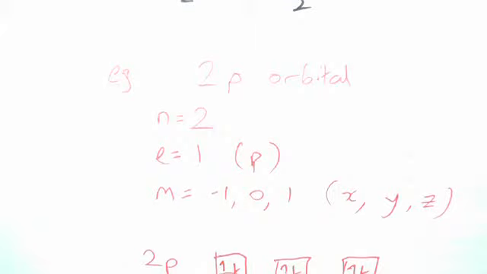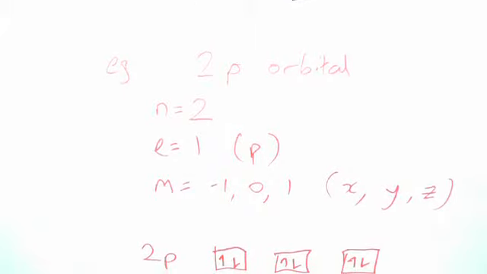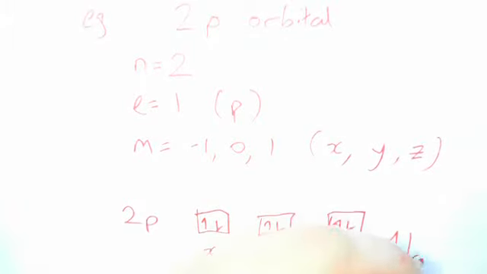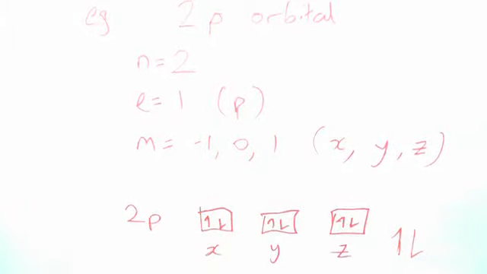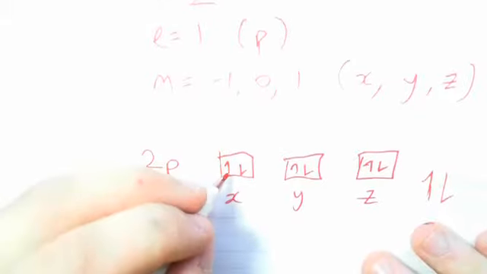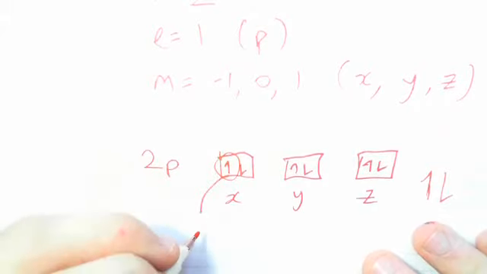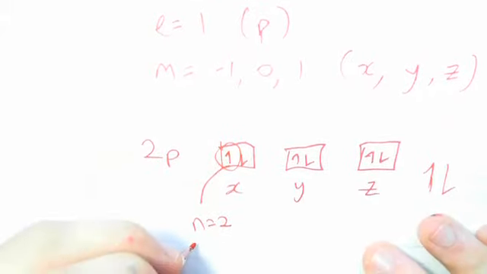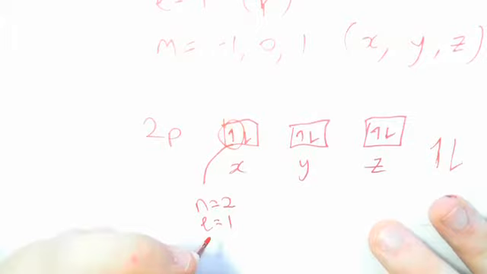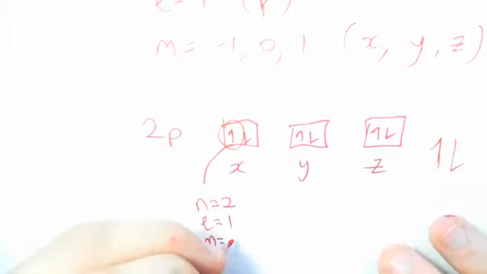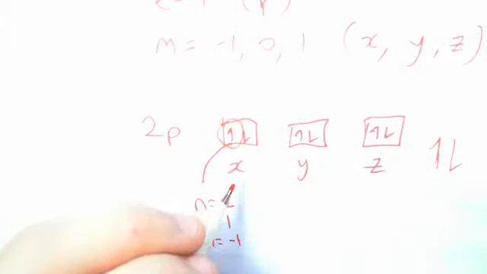So you've got 2 electrons in each, one spin up, one spin down, which you write as an arrow up or an arrow down. This electron here has n equal to 2, L equal to 1, M equal to negative 1, which is the x.